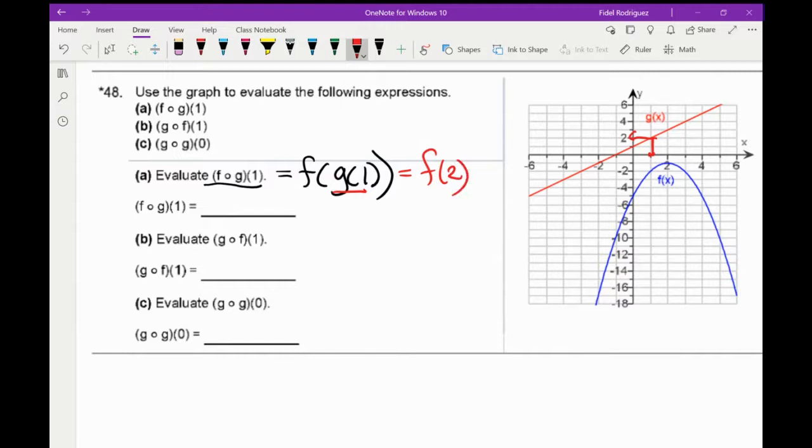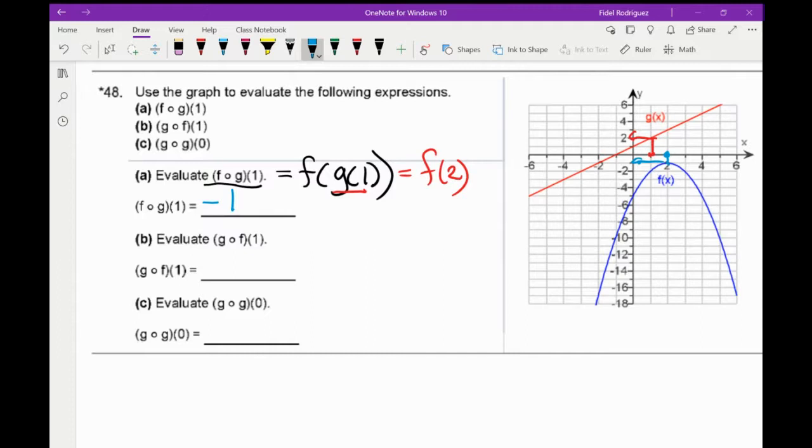So now this is saying we're going to find f of 2. Okay. So what I'm going to do now is I'm going to go to when x is equal to 2, right here. And I need to hit f, which is the blue function. So if I move down, I'm only moving down 1 spot. And since it's down 1 spot, it's going to be -1.